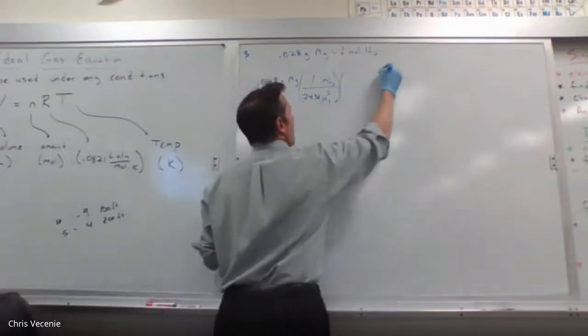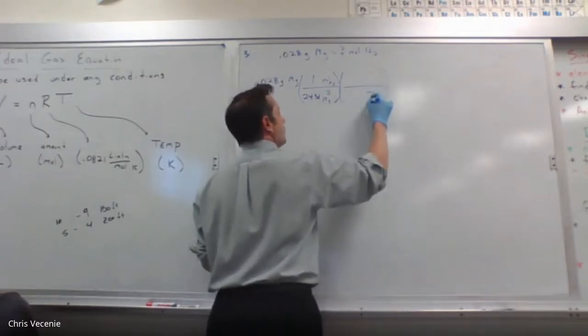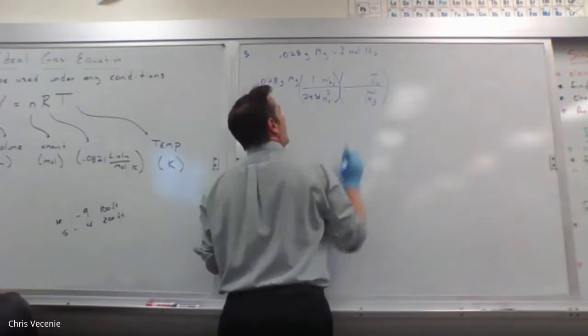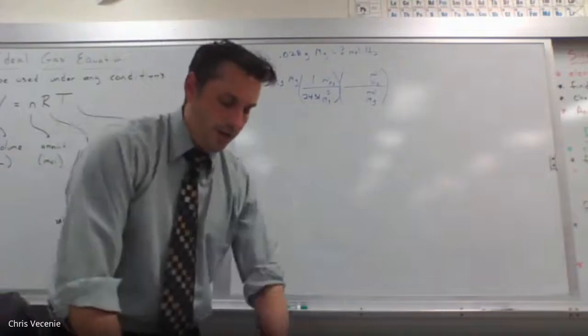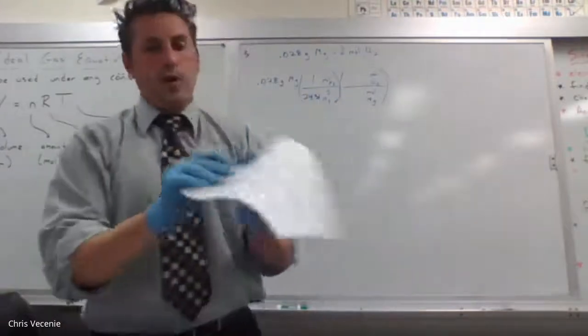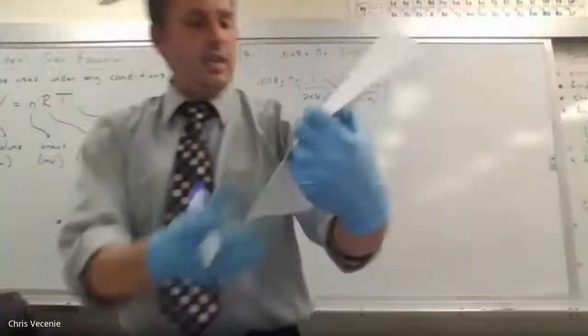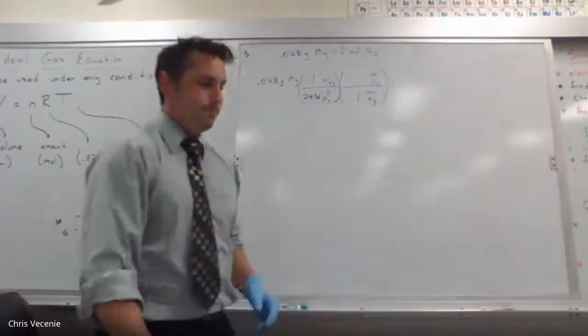Now I'm into moles of magnesium. I want to convert moles of Mg into moles of H2. And from our balanced equation earlier on, and from the one that you see on the front page of the packet right here, you can see that your ratio of Mg to H2 is 1 to 1.